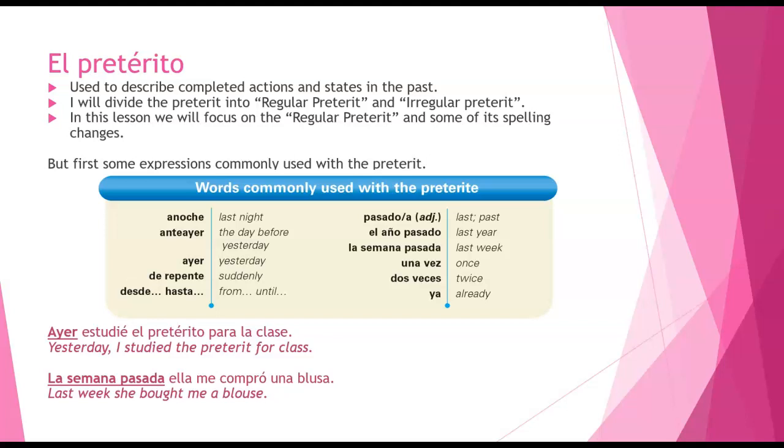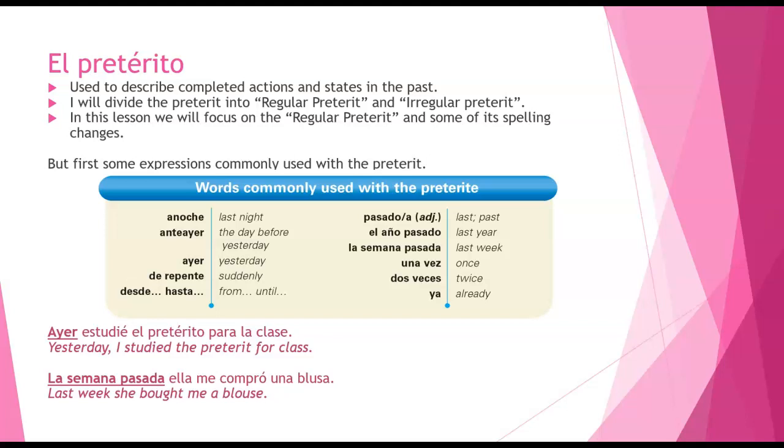Now, I like to divide the preterite into what I call the regular preterite and the irregular preterite. In this lesson, we're going to focus on what is considered the regular preterite, and this includes some spelling changes that happen.